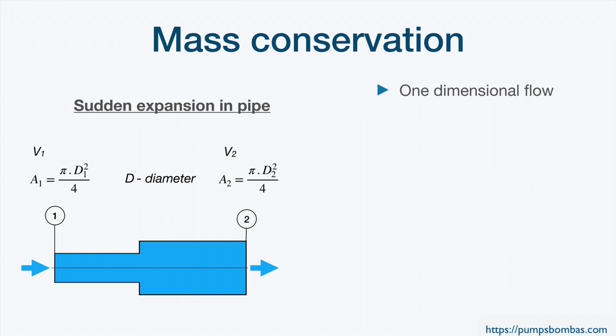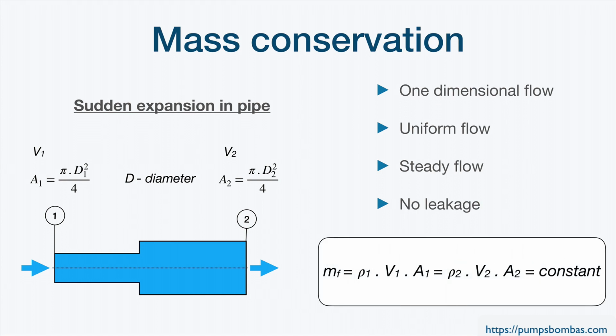Let's consider that this is a one-dimensional flow, so the properties change only in one direction. This is a uniform flow, so we have mean values of parameters in every one of these sections. This is a steady flow, so the flow doesn't change in time. And of course, there is no leakage between section 1 and section 2.